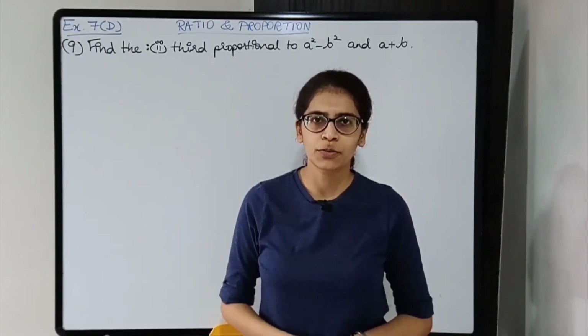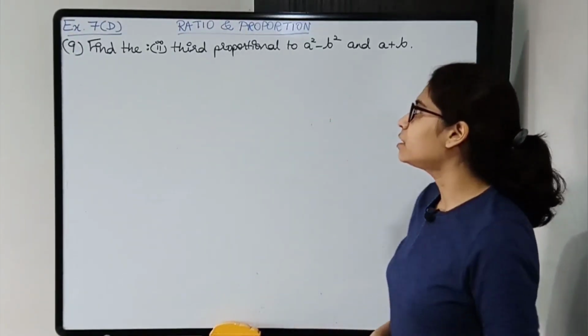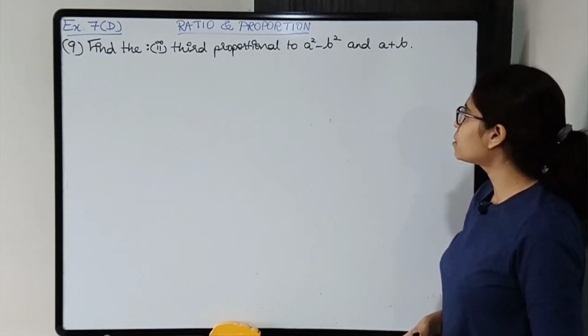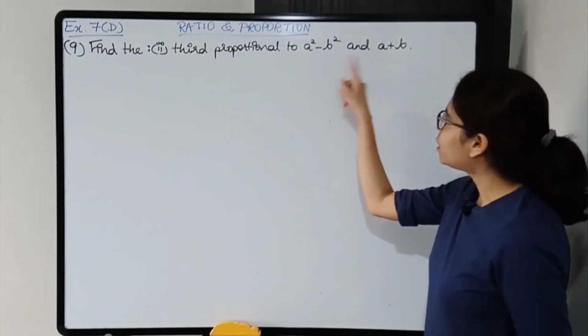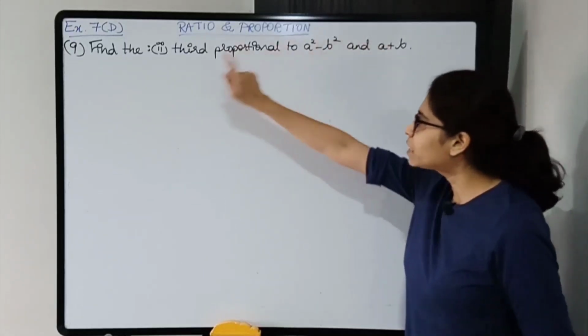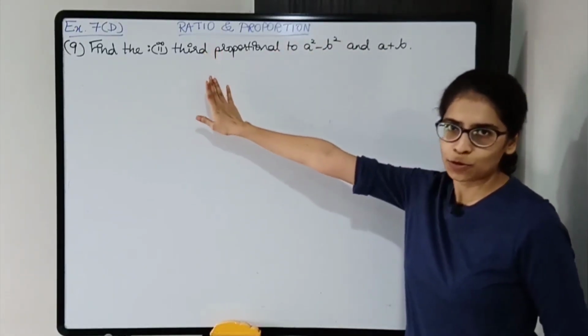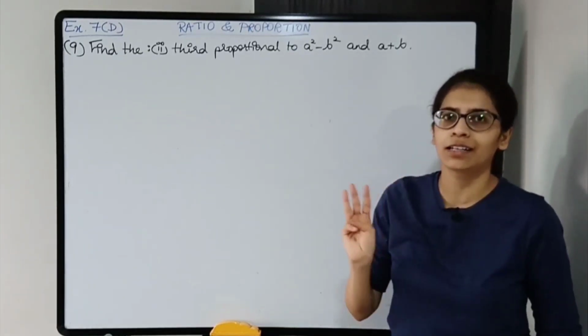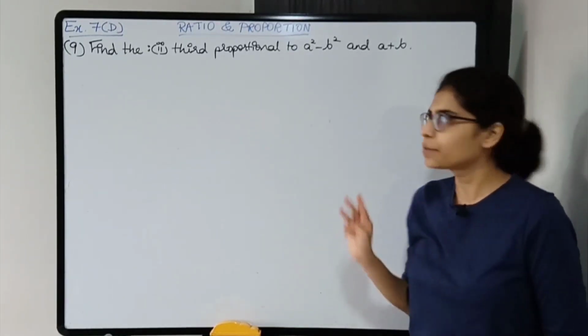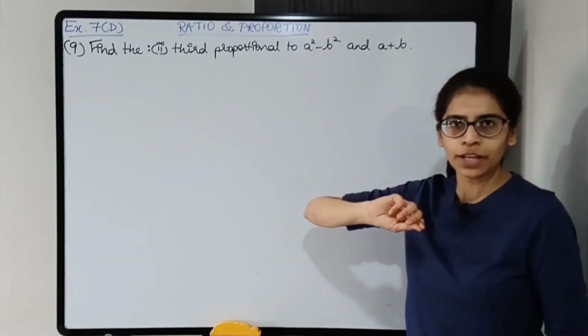Coming to second part of the question, find the third proportional to a square minus b square and a plus b. Now there are two quantities given and you need to find the third quantity or the third proportional. So there are three terms or three quantities that are in proportion, right? Two are given, third one you need to find.